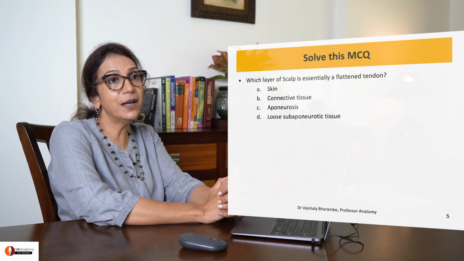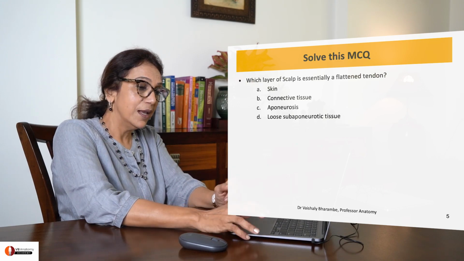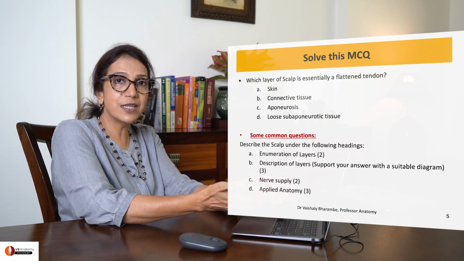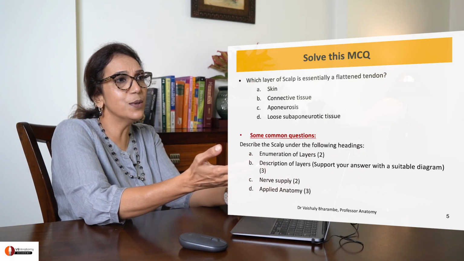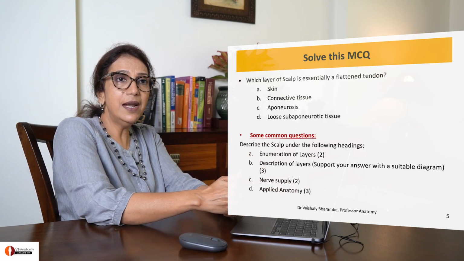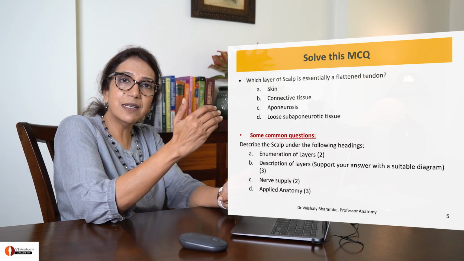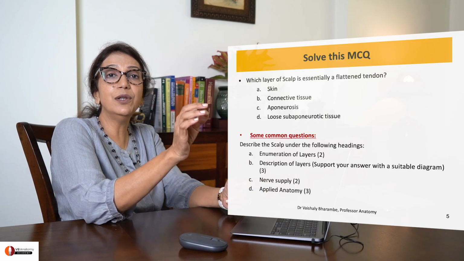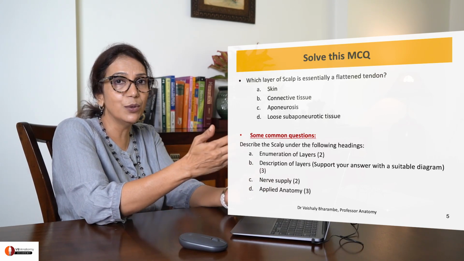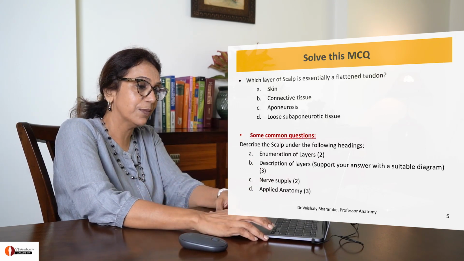Some of you probably are unsure. Okay. Some other questions such as write the nerve supply of scalp, enumerate the layers of scalp are often questions that are asked. And to be able to solve the MCQ or answer these questions well, you have to have the knowledge of scalp, which is what we are going to acquire today.